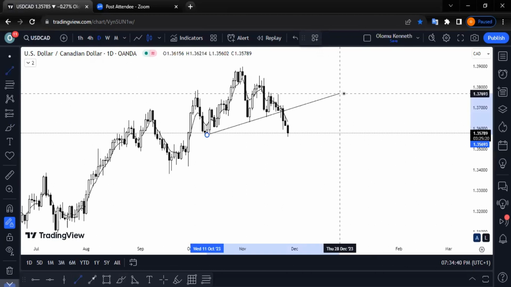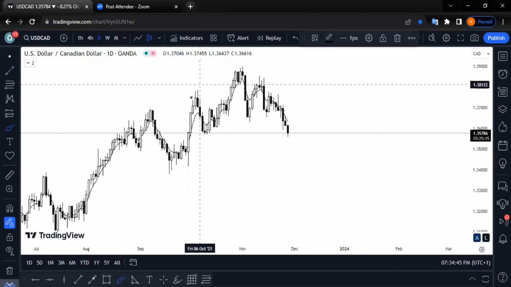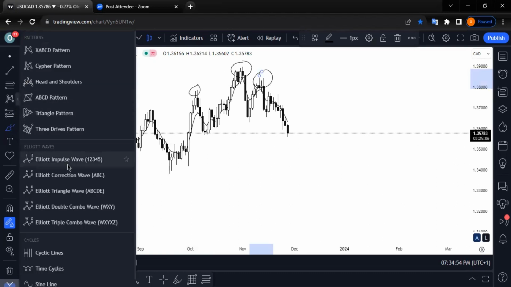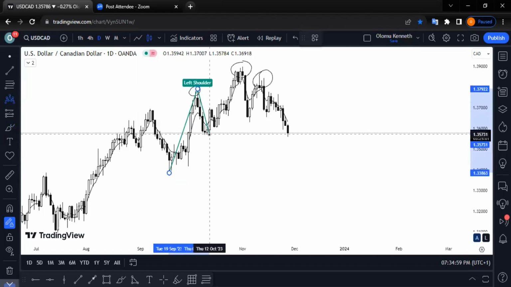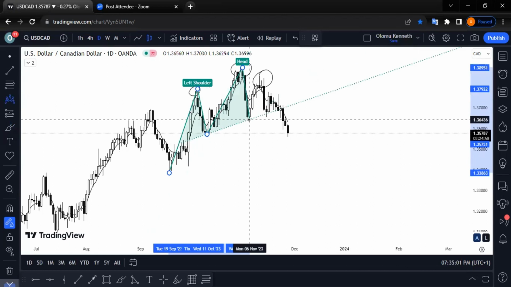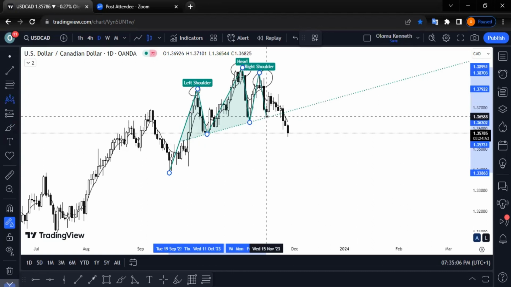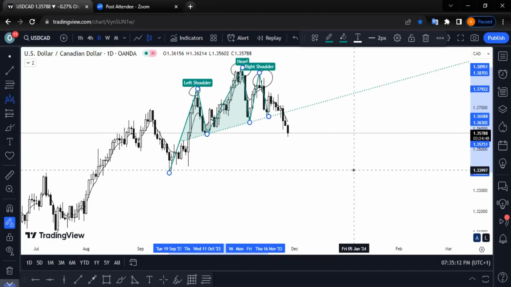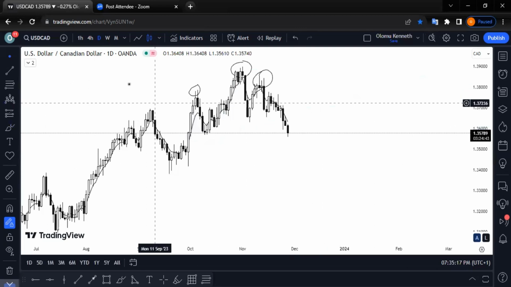I can see all of these head and shoulder patterns. So we equally just see the market push to the upside, then we think about it coming back to the downside. So it's equally showing the strength of the what, of the dollar.